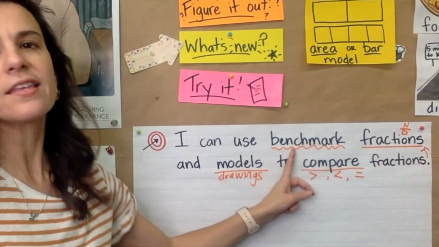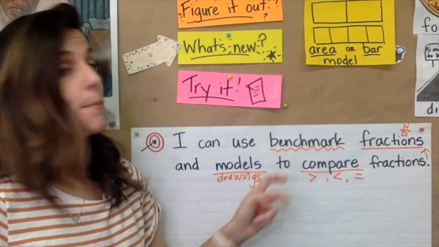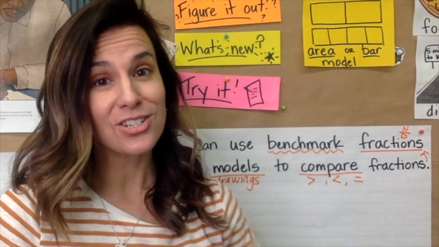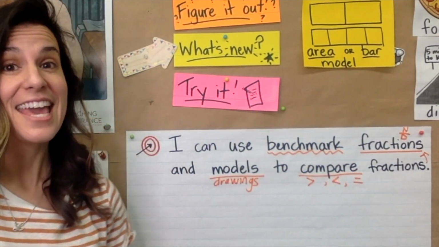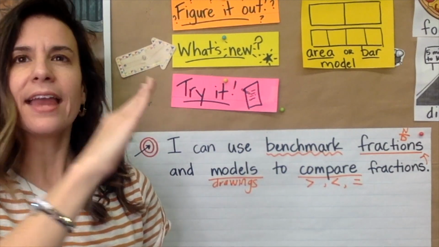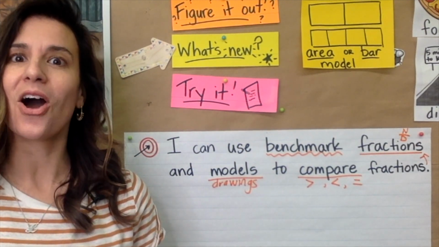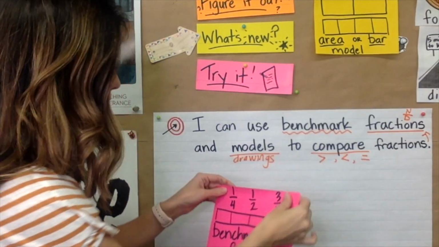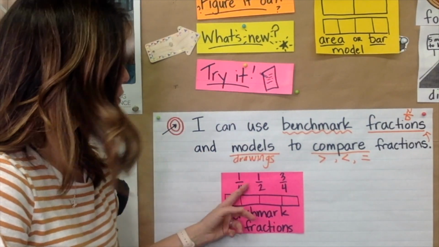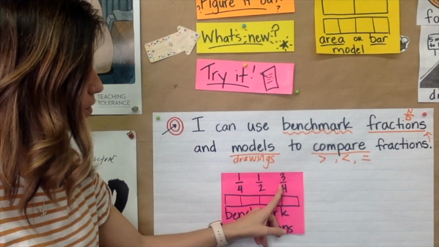Well, it seems like the thing that's new today is benchmark fractions. So let's talk about it. Benchmark fractions are very handy. They can help us know and visualize where any number of fractions might land on a number line. Here are some examples of benchmark fractions: 1/4, 1/2, and 3/4.